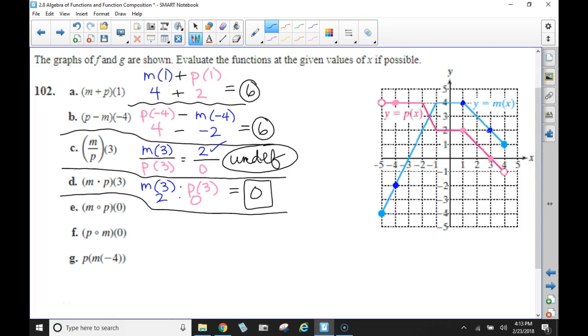Now we're going to get into some compositions here on E, F, and G. M composition P, evaluated at 0. Remember, the way to rewrite that is M, the outer function, evaluated at the inner function P at 0. And again, it's a matter of working from the inside out. So the first thing I'm going to do is figure out what P evaluated at 0 is.